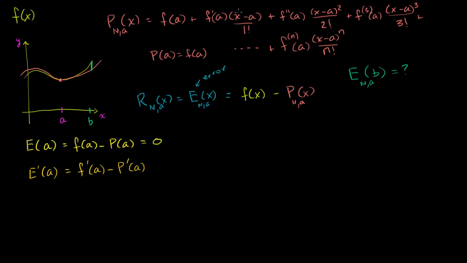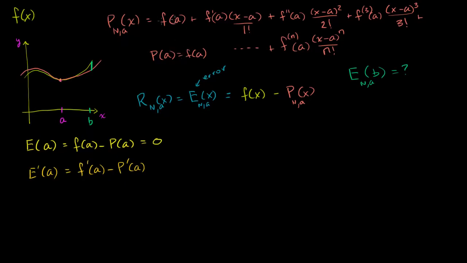This is actually why Taylor polynomials are so useful: up to and including the degree of the polynomial, when you evaluate the derivatives of your polynomial at a, they're going to be the same as the derivatives of the function at a. And that's what starts to make it a good approximation.